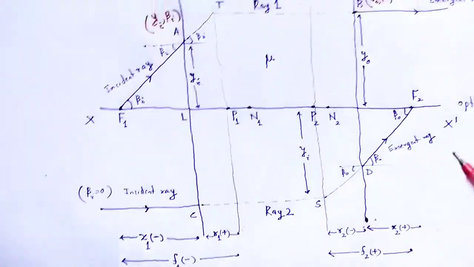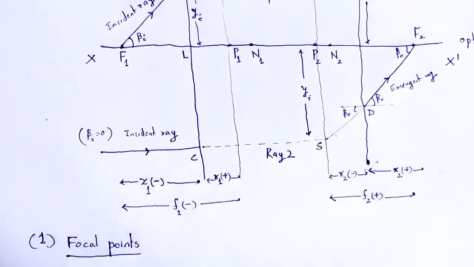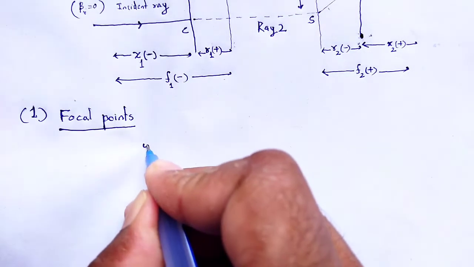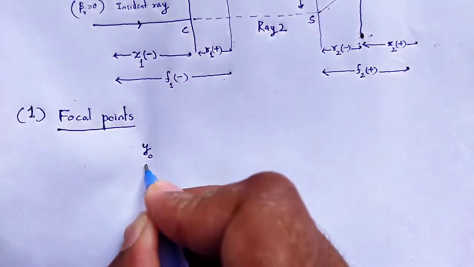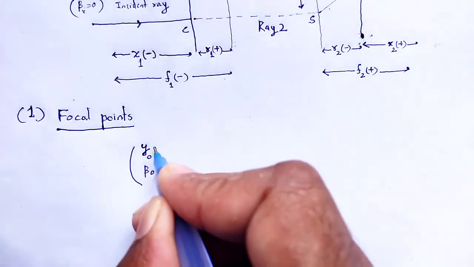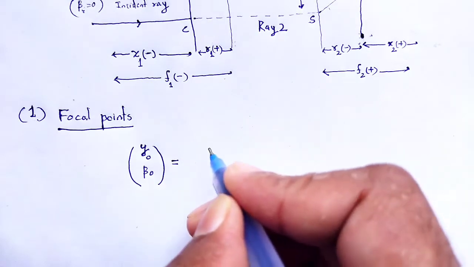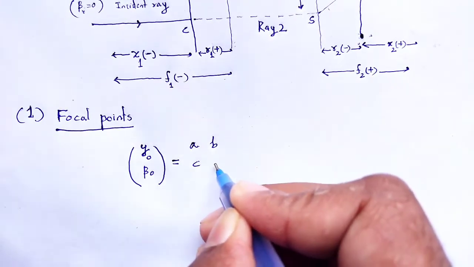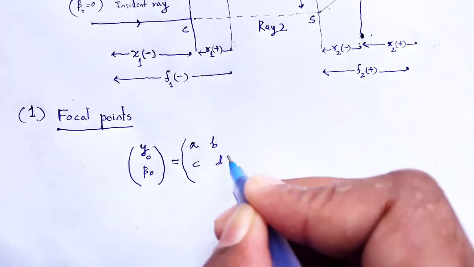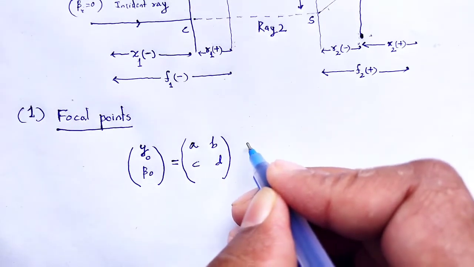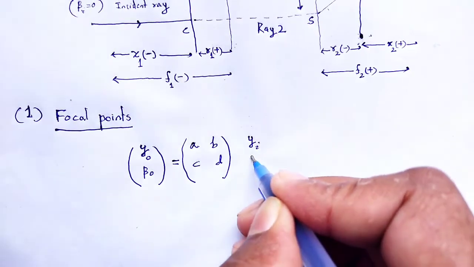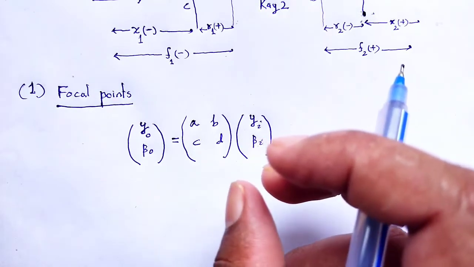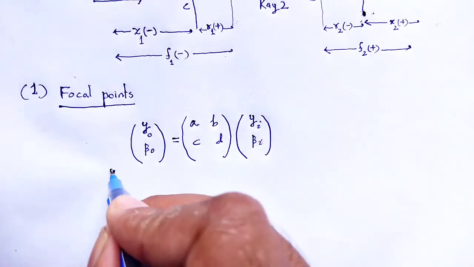So we can represent it in matrix form. The output matrix yo, beta O is given by the system matrix. Let the system matrix have components A, B, C, D. Then the input matrix yi, beta I is the matrix representation of geometrical optics.